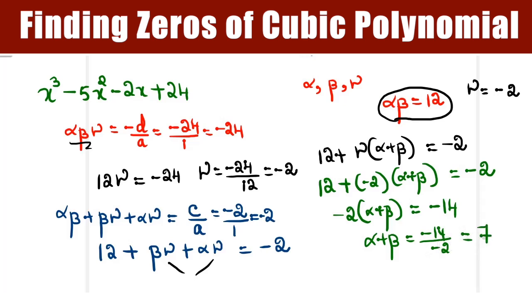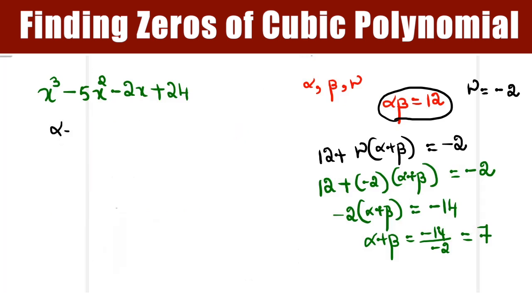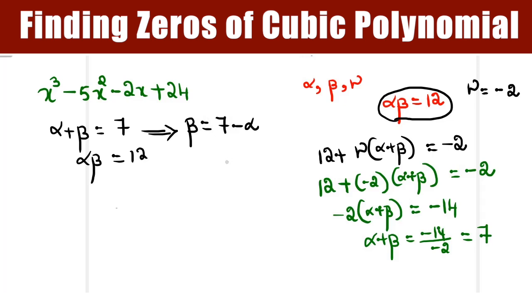Now, we know the value of alpha plus beta and we know the value of alpha beta. Note that down so that we can calculate. So, alpha plus beta, we just calculated it to be 7 and alpha beta is given to be 12. Now, let me rephrase this equation. Beta is going to be 7 minus alpha.